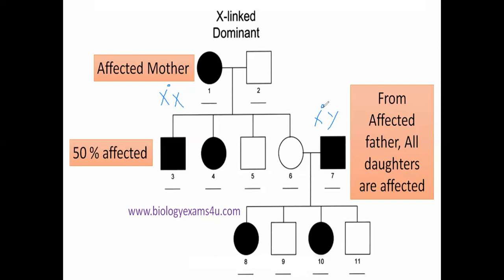So he passes his X chromosome to all his daughters, and he passes his Y chromosome to all the sons. As the 1 X received by the daughters from the father carries a dominant or affected allele, a single copy of the dominant allele will express itself and all the daughters are affected. So from an affected father, all daughters are affected.